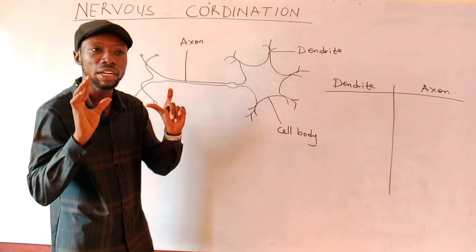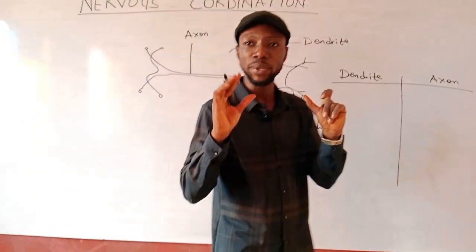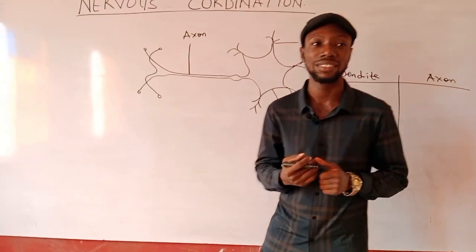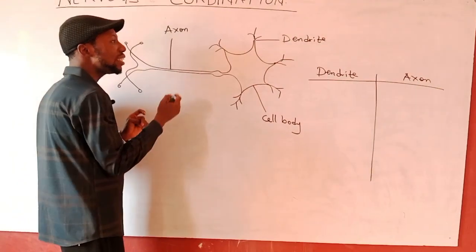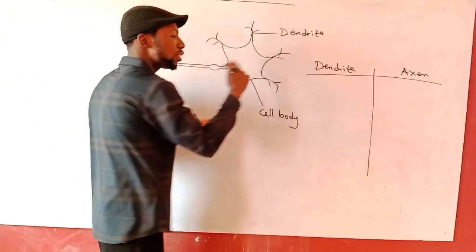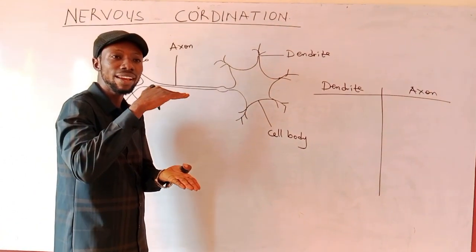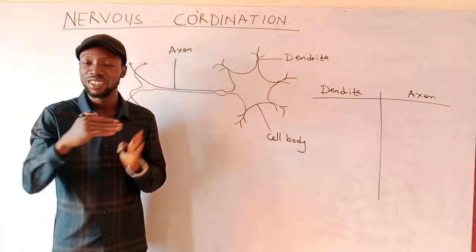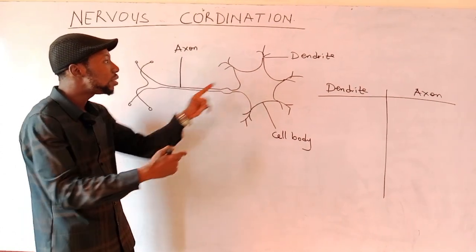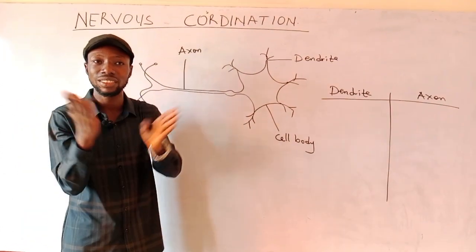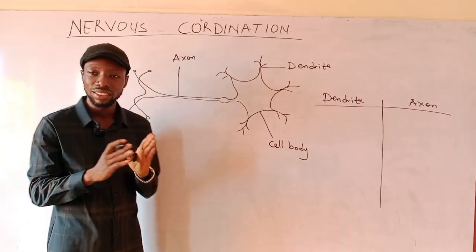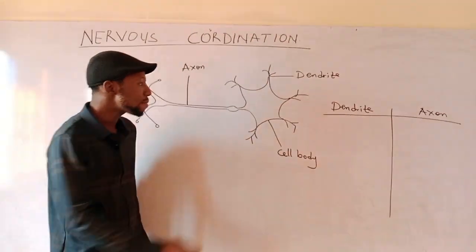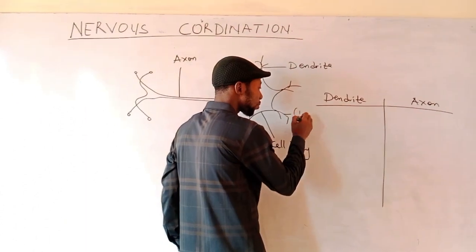That's the anatomical differences. You can picture this to the naked eye. If you look at the dendrite and axon, you notice that the dendrite is short, axon is long. Dendrite gives off branches, while the axon is unbranched. Okay? Number one difference.